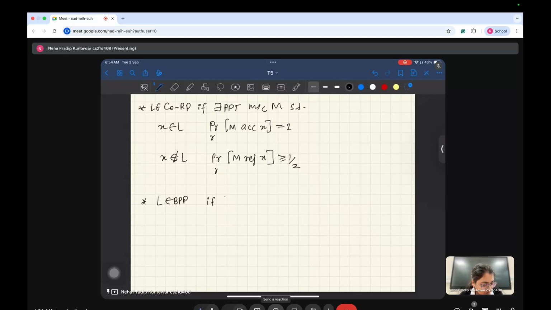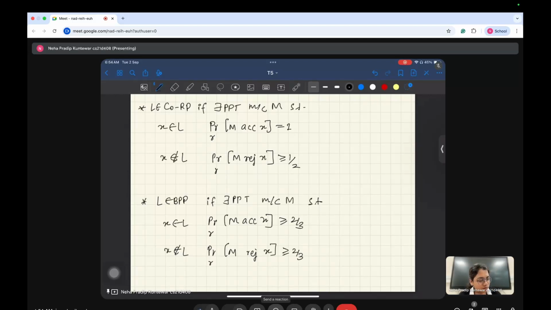A language is in BPP if there is a probabilistic polynomial time machine M such that when x is in the language, the probability that M accepts x is at least 2/3, and when x is not in the language, the probability that M rejects x is at least 2/3.